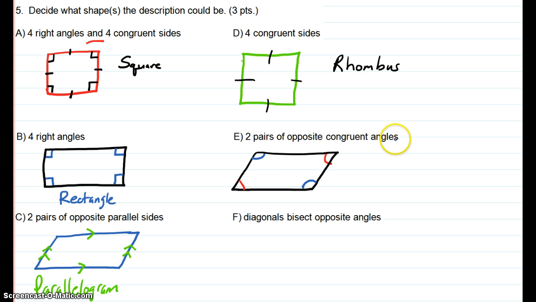And if this is the only information I have, I don't know if these angles are right, so I don't know if it's a rectangle or a square. If I knew the opposite angles were 90, then I would know it's a rectangle. If I knew that the opposite angles were 90 and the sides were all the same, then I know it's a square. So with this information, the only thing I can say is that this is a parallelogram.